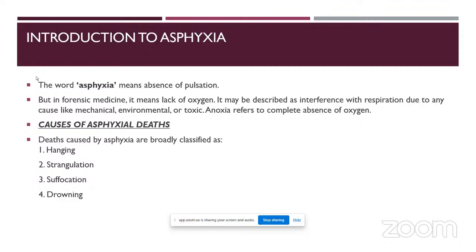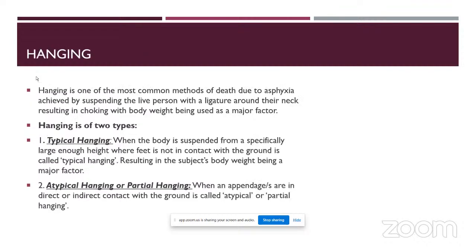Now, there are certain causes of asphyxia, and these are deaths caused by hanging, strangulation, suffocation, or drowning. Let's discuss each cause of asphyxia. The first one is hanging.